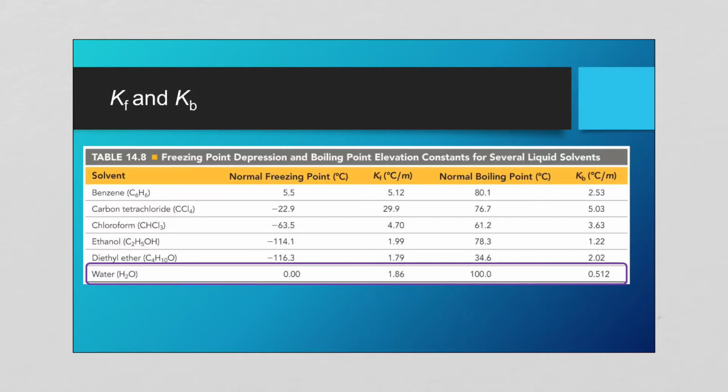So for the same concentration solution, you're going to have a bigger effect on the freezing point than you will on the boiling point. So for water, it's almost a factor of 3.5 or 4. And for other things, it's closer. But typically, there's less of an effect on boiling point than there is on freezing point. But we don't need to necessarily worry about that. We just pull our constants and we do our calculations.